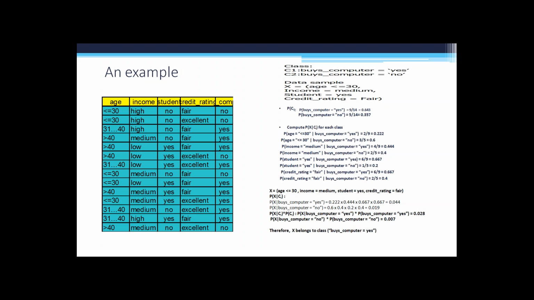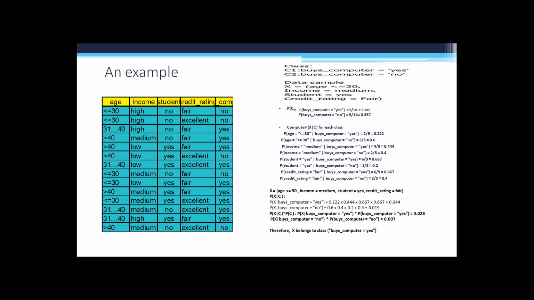That is the same as the probability that this particular instance happens and the computer gets bought.